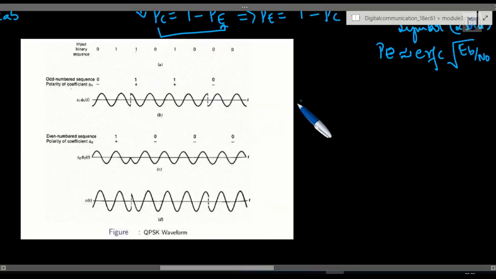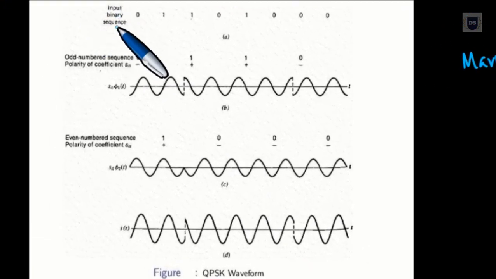Now, before we start with M-ary QPSK, let's go through how exactly this happens in the waveform. So this waveform represents QPSK, where initially we have considered some input binary sequence.